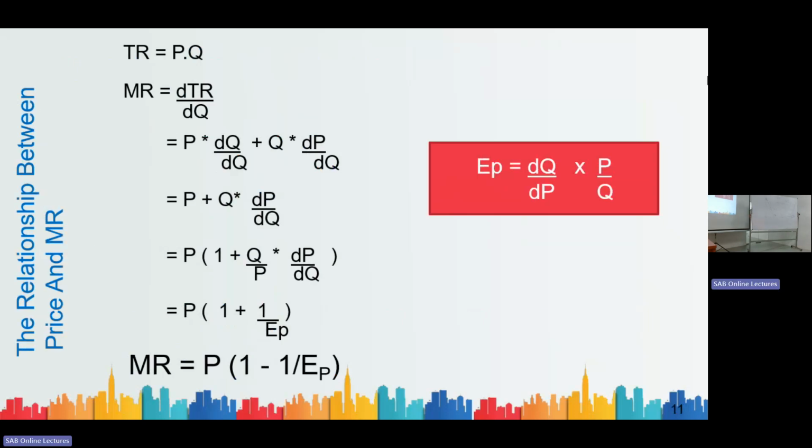And now we are going to see what kind of relationship there is between marginal revenue and price elasticity of demand. Did you learn the concept of price elasticity of demand in your course of principles of economics?